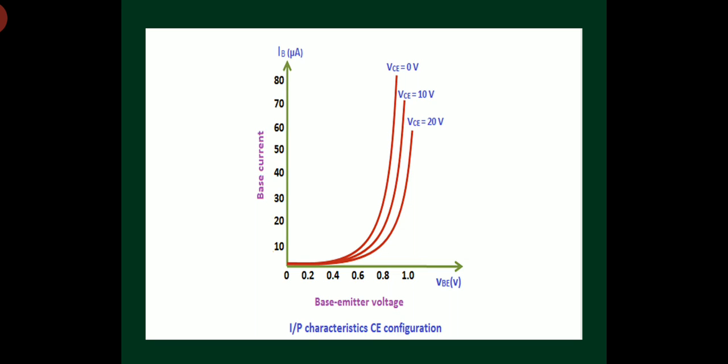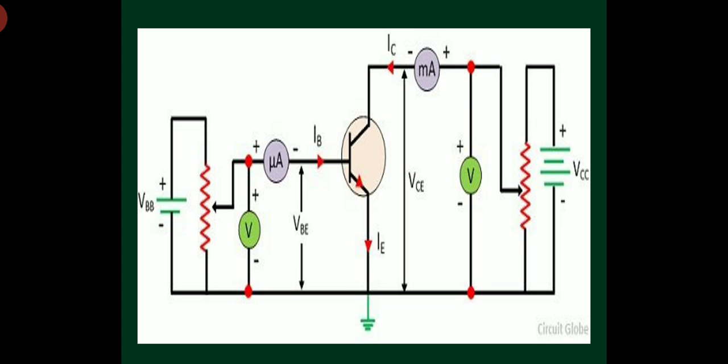Let us suppose VCE equal to 0. VCE equal to 0 means what? Always the input junction is forward biased and the output junction is reverse biased. So now I am making the output voltage VCE equal to 0, which means the reverse bias applied is 0.